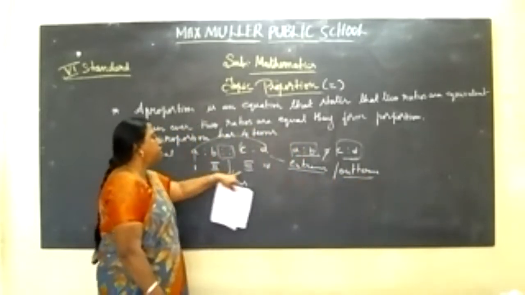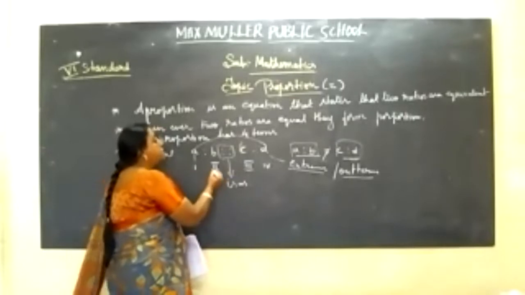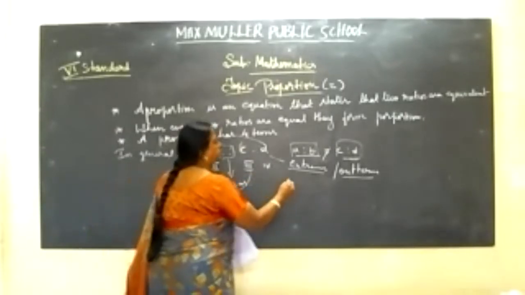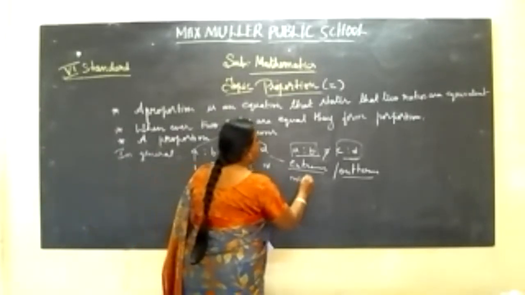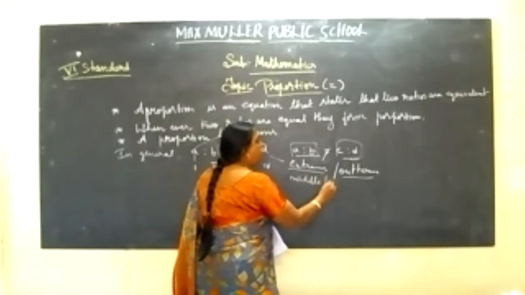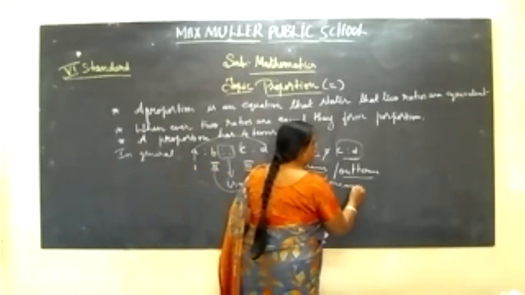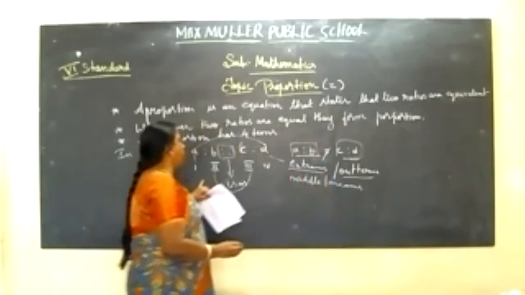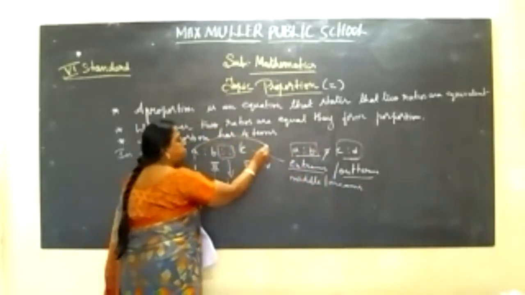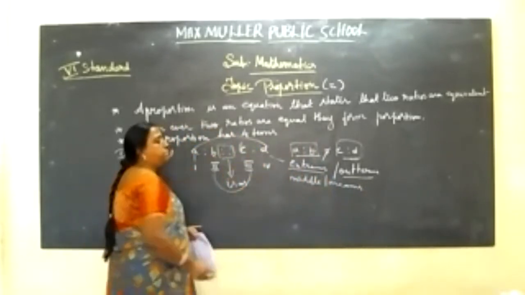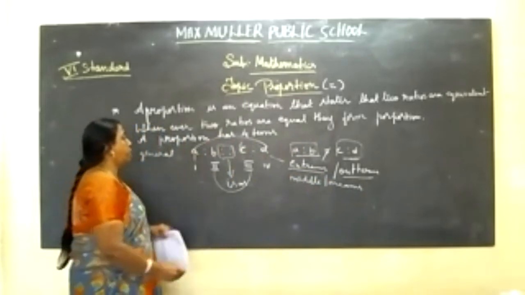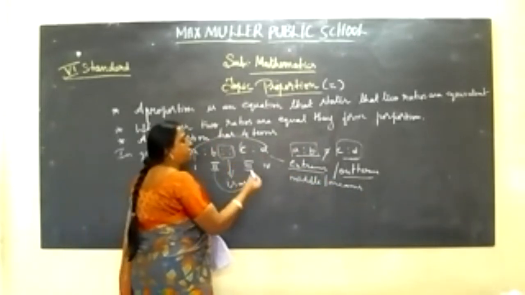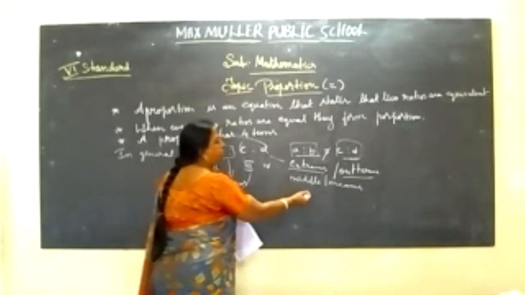The second and third terms are called middle terms or means. If the product of extremes is equal to the product of means, they are in proportion. If the product of extremes and means are not equal, they are not in proportion.